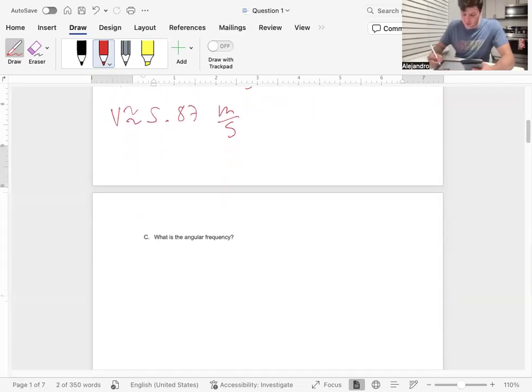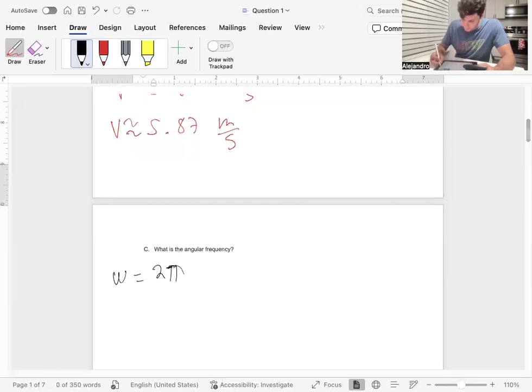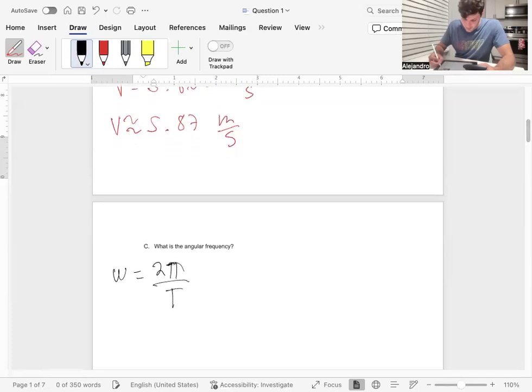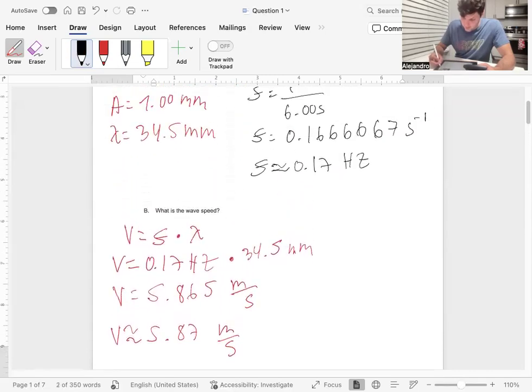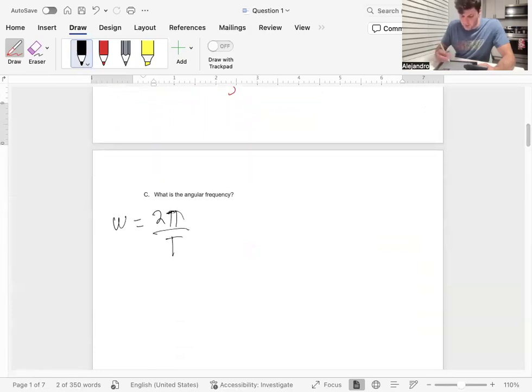Next, what is the angular frequency? Angular frequency is given by the formula ω equals 2π over period. We know the period is given to us as 6 seconds. Yes, this is the relationship between them.